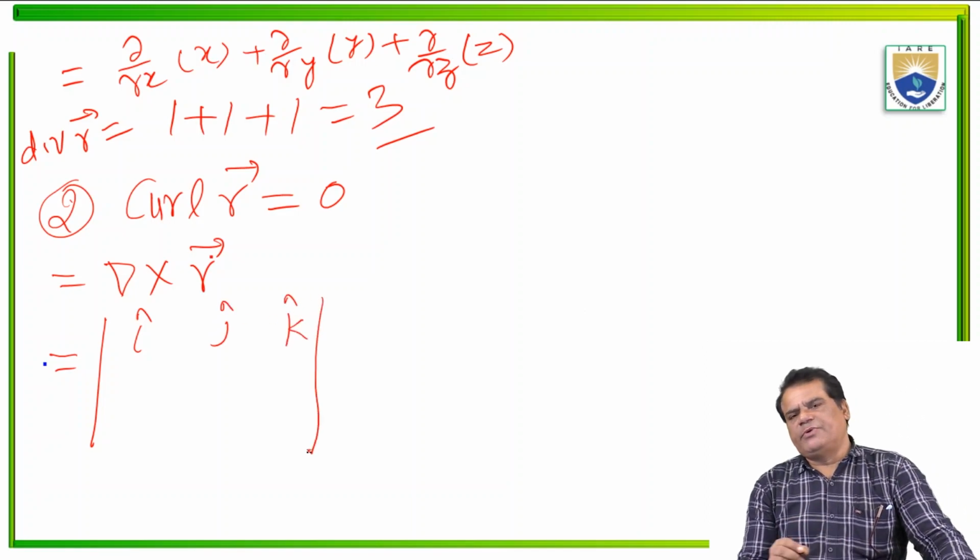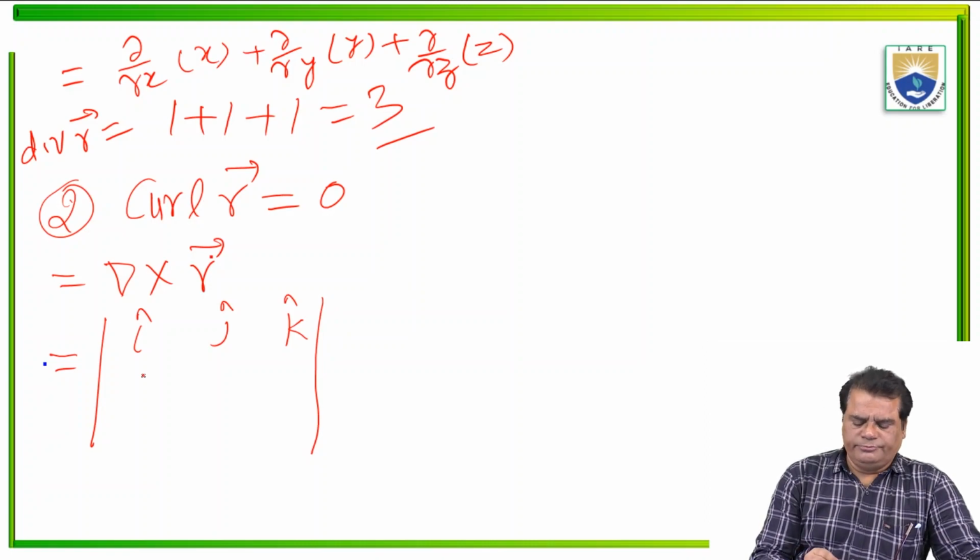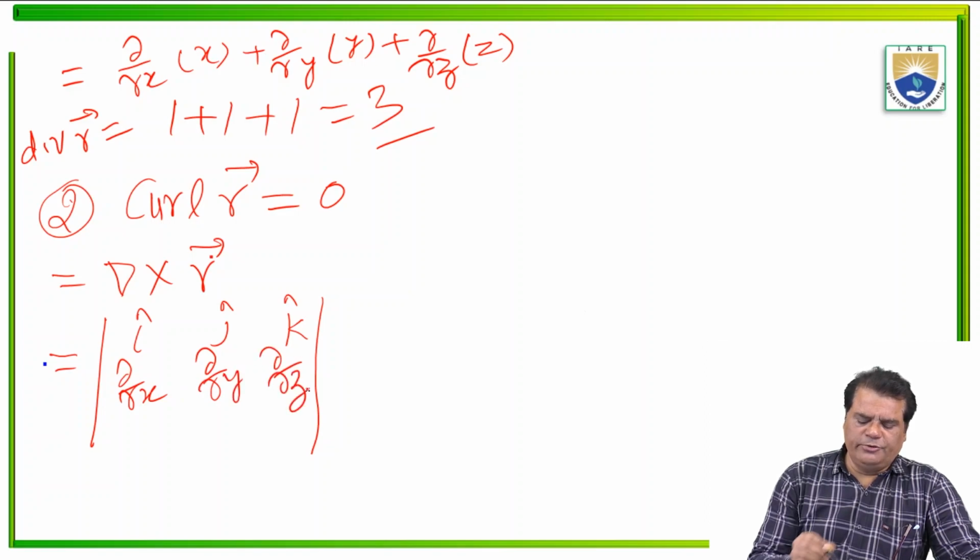We have discussed this formula just now. Dou over dou x, dou over dou y and dou over dou z, and here is x, y and z.